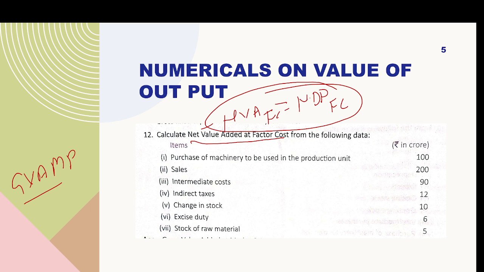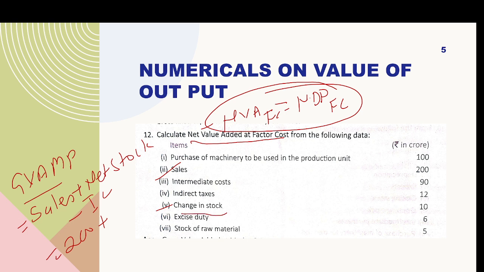So you will find sales plus net stock minus IC. Where is sales? Sales here is 200, plus net stock. You can see the change in stock here is 10, and IC, that is intermediate cost, is 90.